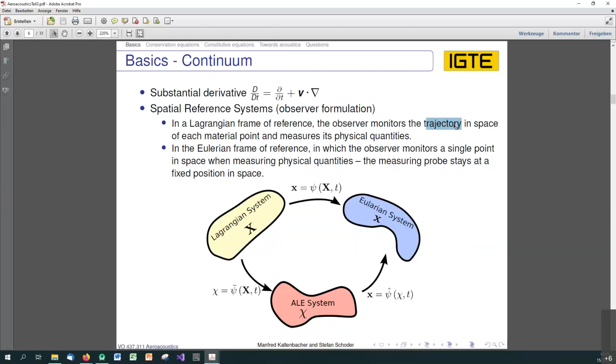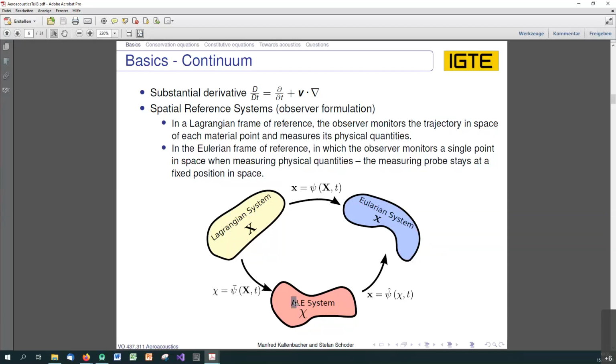Okay. Yeah, and as these two systems are not enough, there is a very funny system, which is the combination of the two. It's called the arbitrary Lagrangian Eulerian system, and this is used if you're unsure of what you would like to use.